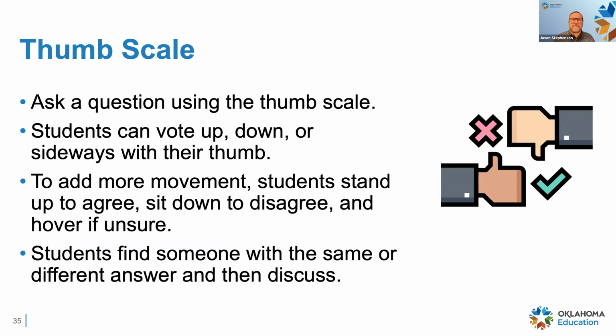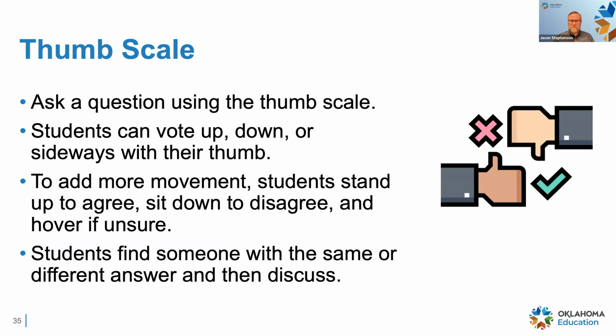Thumb scale, this is very little movement. It's a tiny bit of movement, but asking a question using the thumb scale, voting up or down or sideways if they're unsure. You could also have students stand up if they agree, or sit down if they disagree, or hover if they're unsure. And then again, trying to get that discussion in.